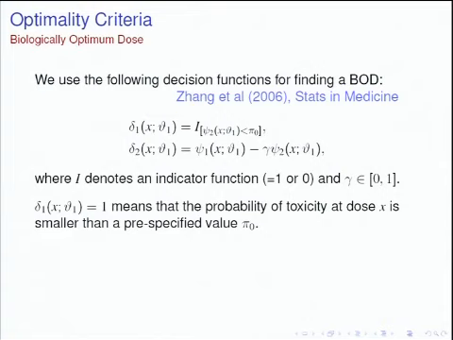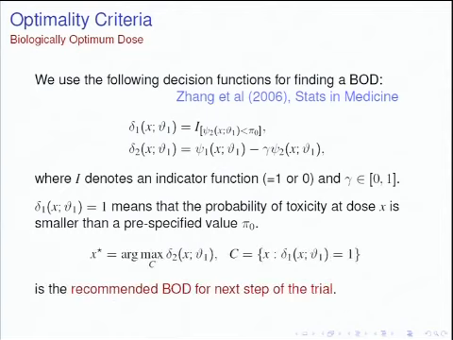In Janke, there was a difference between psi1 and psi2 with some parameter gamma between 0 and 1, and we found that this doesn't work any better, and it's good enough to look at psi1. psi1 is the probability of efficacy, and this is the probability of toxicity. Delta 1 puts a limit on the toxicity probability. It's an indicator function, which is 1 or 0 depending on whether toxicity is less than some pre-specified value pi 0 or not. Then X star is the argument of the maximization of this. Basically, we take psi1, but within this region.